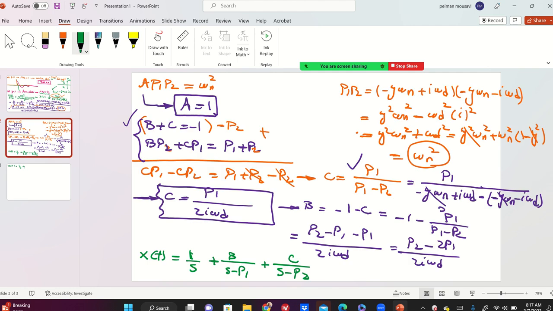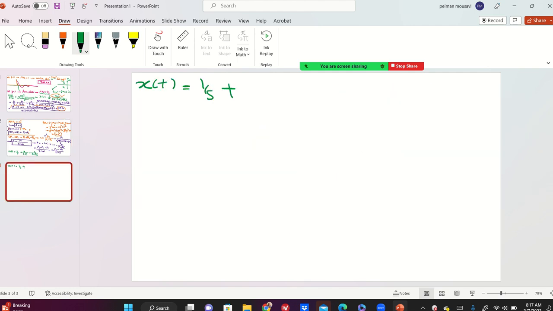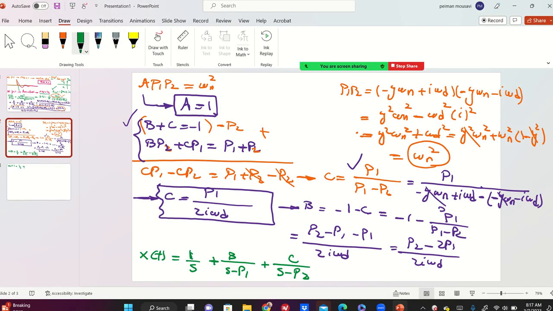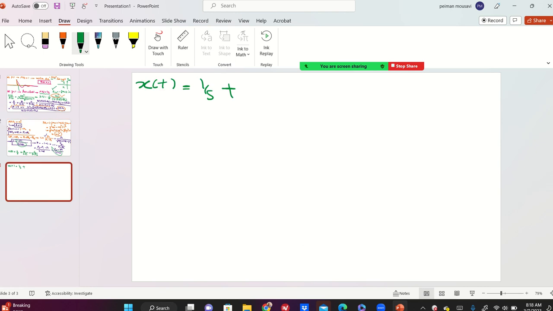Your B was this, P2 minus, and you see that B and C share this 2I omega d, so it comes out 2I omega d.